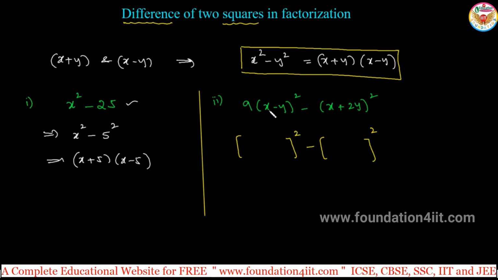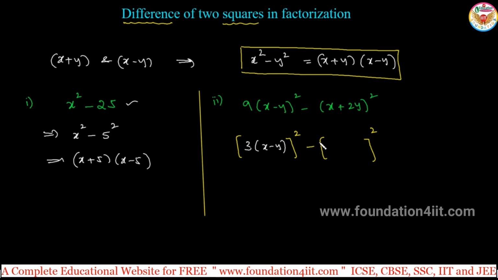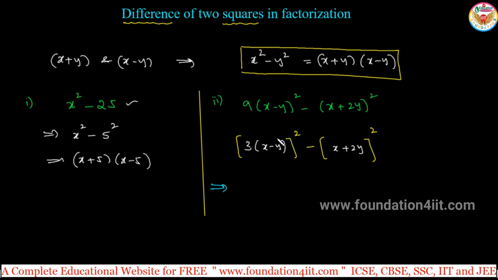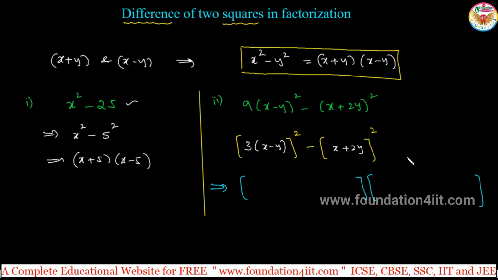The square is only for x minus y, not 9, so 9 we can write as 3 whole square. So 3 into x minus y whole square is this 9 into x minus y square. Now this is x plus 2y as it is. Then apply the formula, x square minus y square equals x plus y into x minus y: first expression plus second expression into first expression minus second expression.